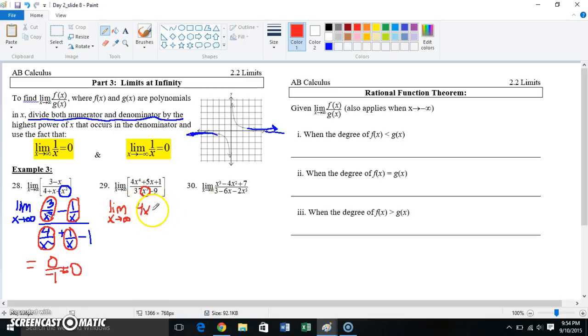I'm dividing by x cubed everywhere. Plus 5 over x squared plus 1 over x cubed. And then we're going to have 37 minus 9 over x cubed.